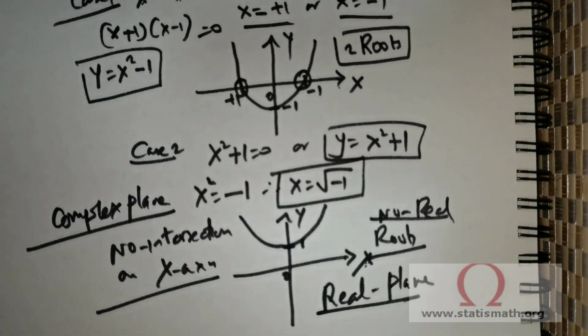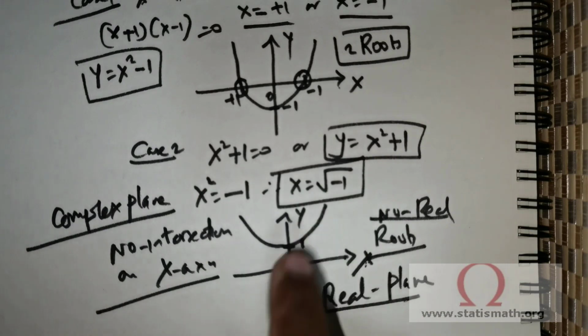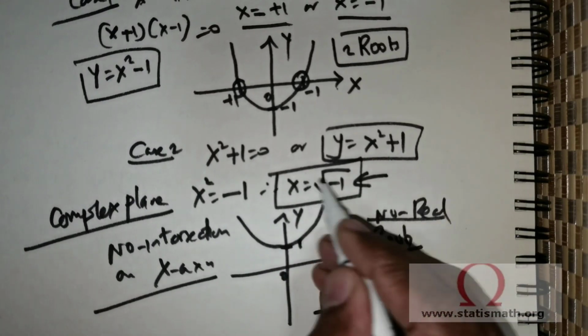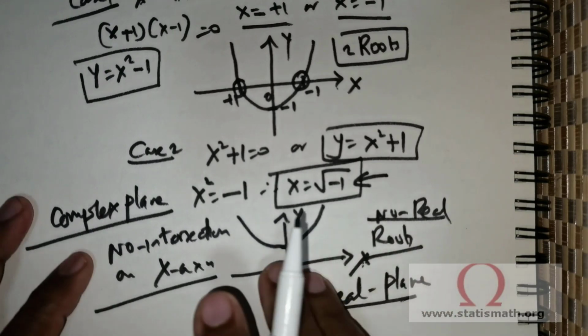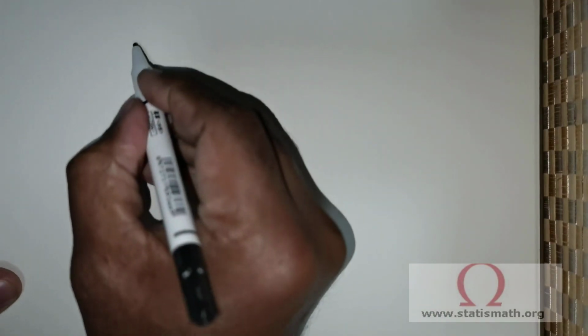To find the solution for systems like this in the complex plane, you will have to define what exactly this negative root means. So that is why we have the birth of complex numbers. So what is a complex number?